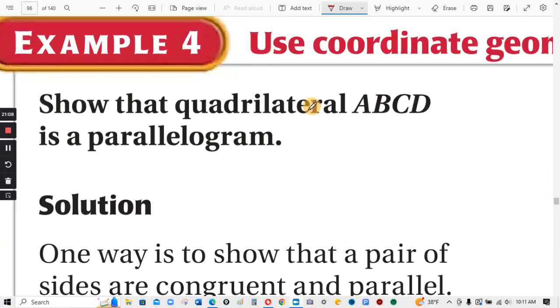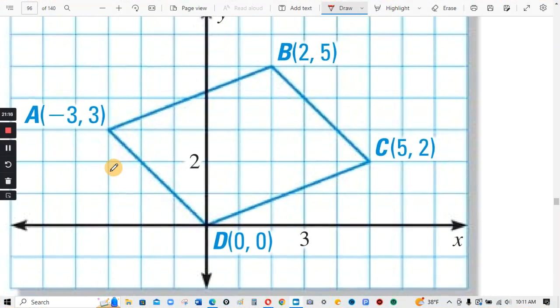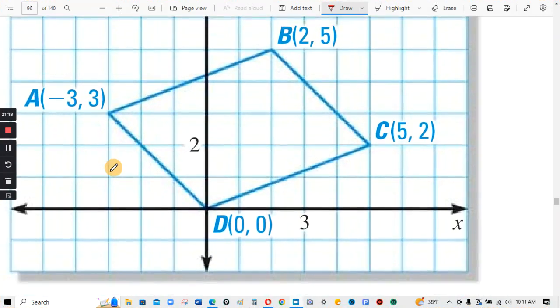Example 4, show that ABCD is a parallelogram. There's more than one way to do this. I think the easiest is to prove opposite sides parallel. So for the slope, I'm going to do the slope of each line.